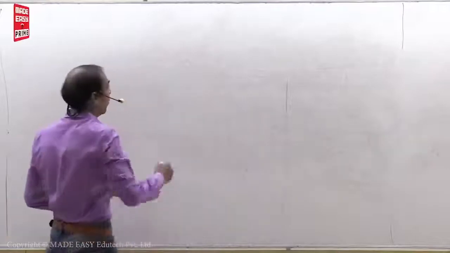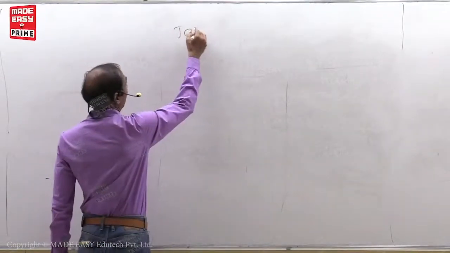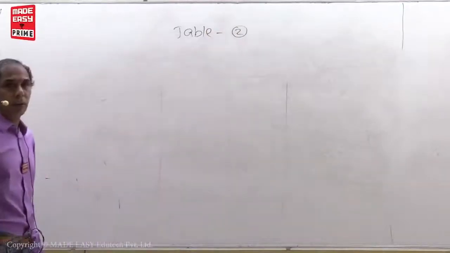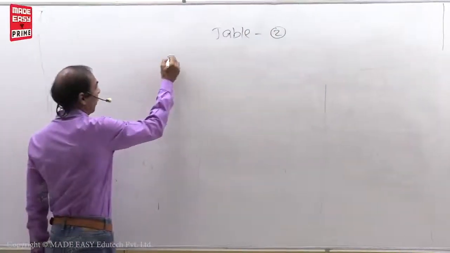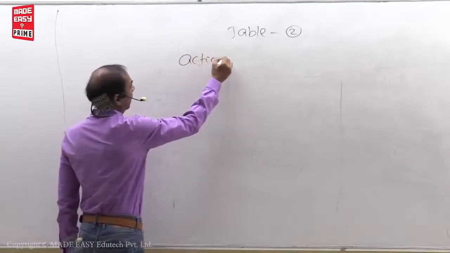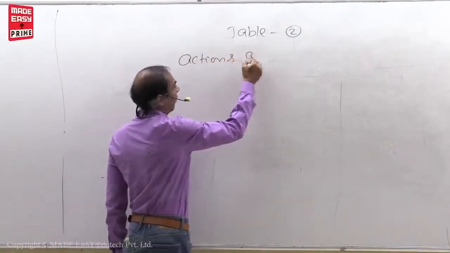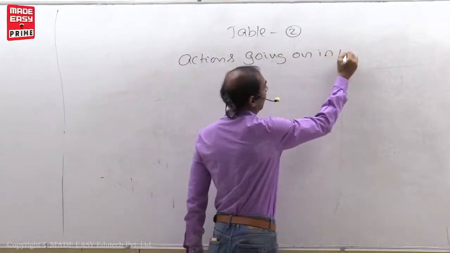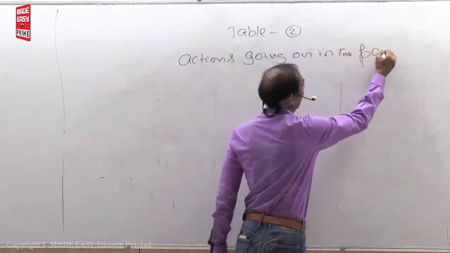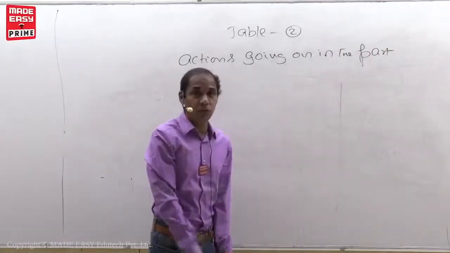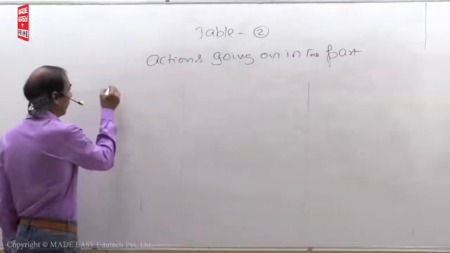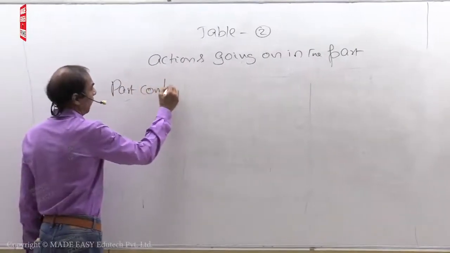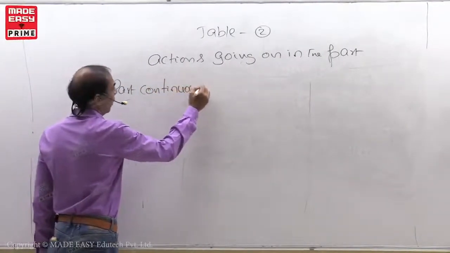Okay, my students, table 2. What is table 2? Actions going on in the past. Past continuous.